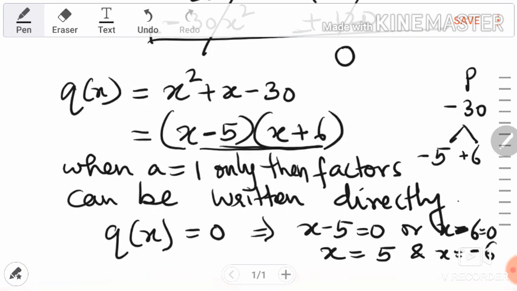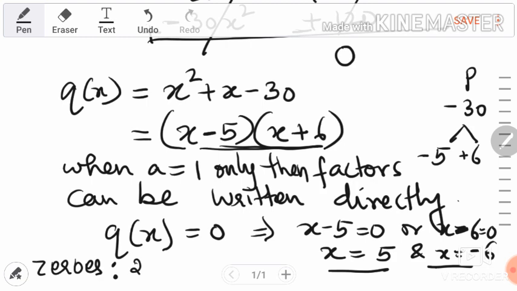So we have got the other zeros also. So the zeros are 2, minus 2, 5 and minus 6. So we have obtained all four zeros.